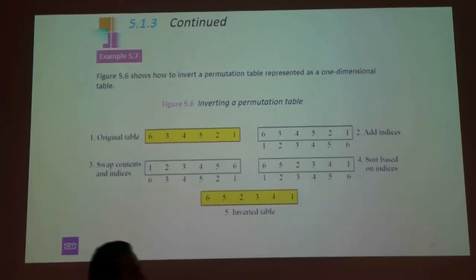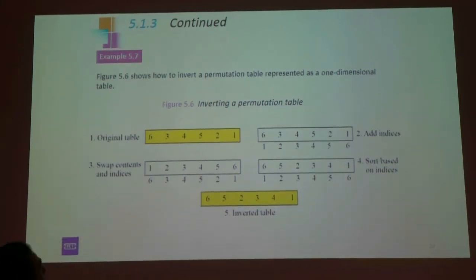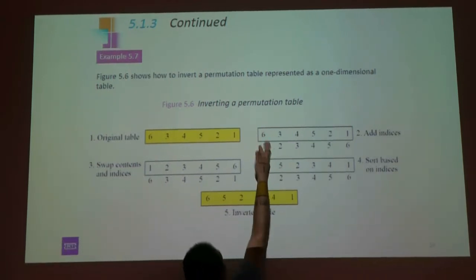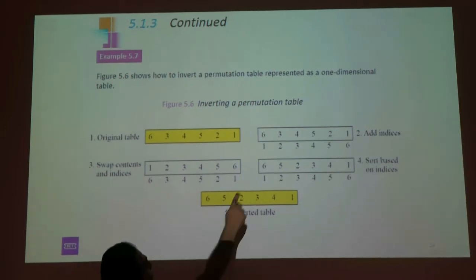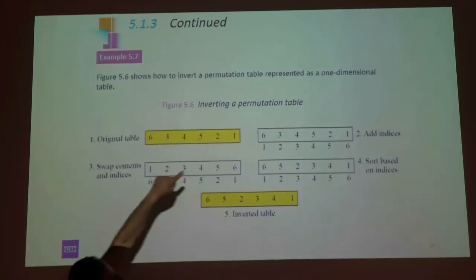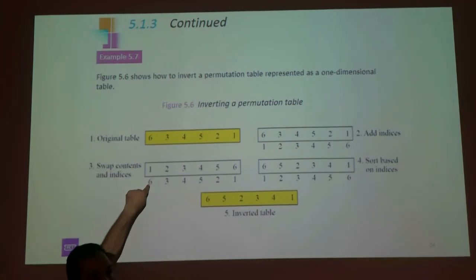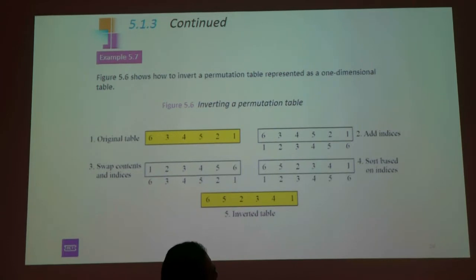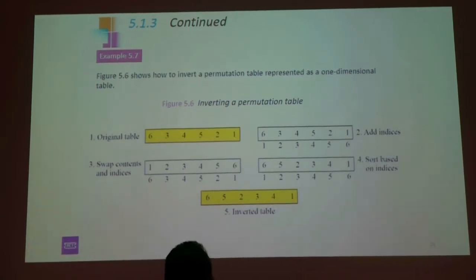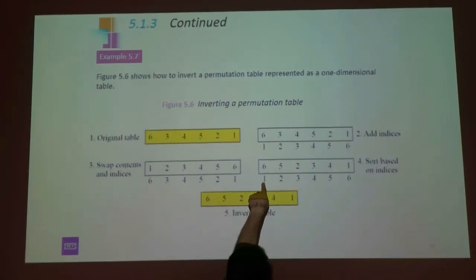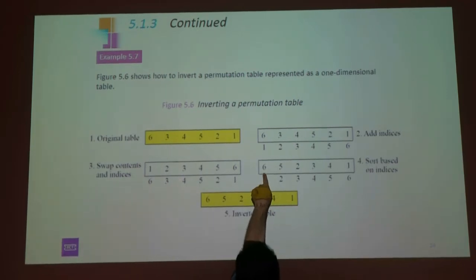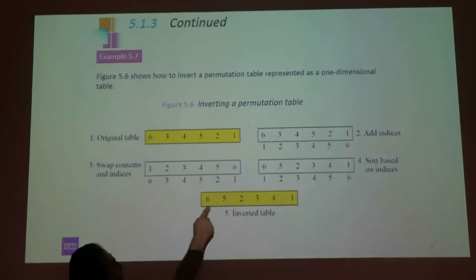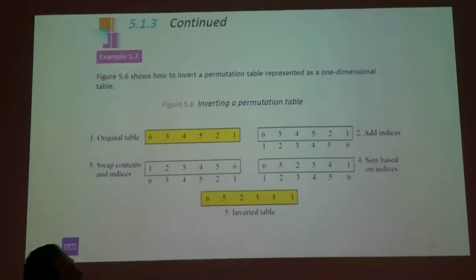Number 3, what do you do? Swap content. So this will go inside and this will go outside. So the 1, 2, 3 now went inside, and the 6, 3, 4, 5 went outside. Then what do you do? Sort based on the indices. The indices are here right now. You sort here, and the output will be 6, 5, 2, 3, 4, 1 after you sort.